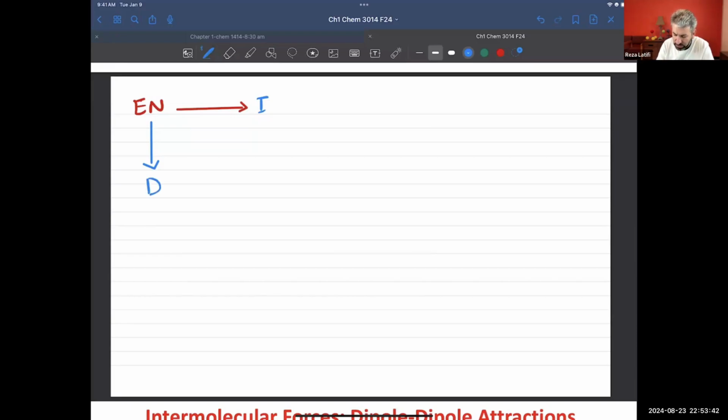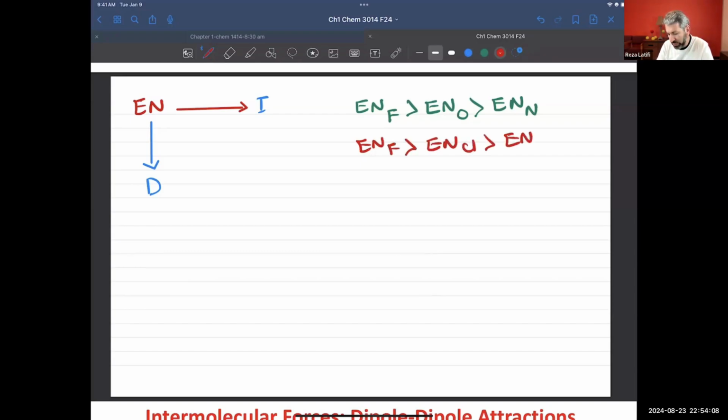Again, as a reminder, the electronegativity of fluorine is higher than that of oxygen, which is higher than that of nitrogen, because we are shifting to the right side of the periodic table. Next, the electronegativity of fluorine is higher than chlorine, which is higher than bromine, because down in any group, electronegativity decreases.